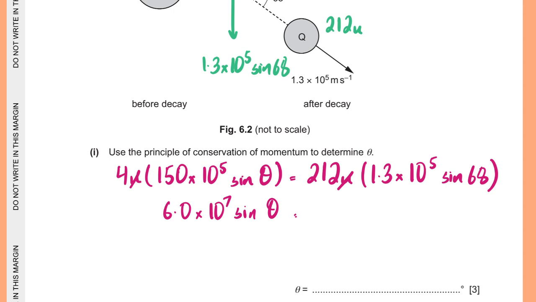This is 2.56 × 10^7. These cancel out as well. So it's sine inverse of 2.56 over 6, which turns out to be approximately 25 degrees to 2SF.